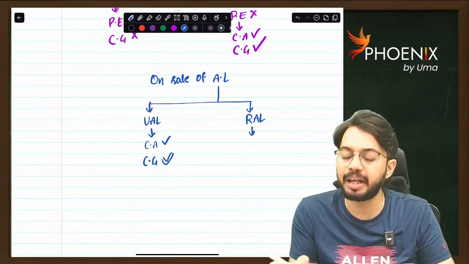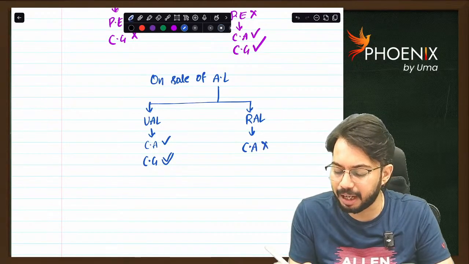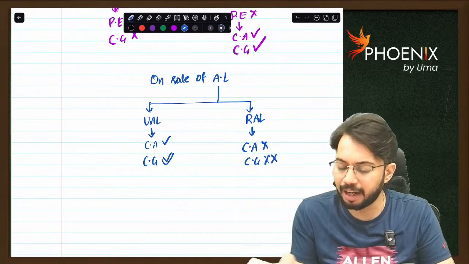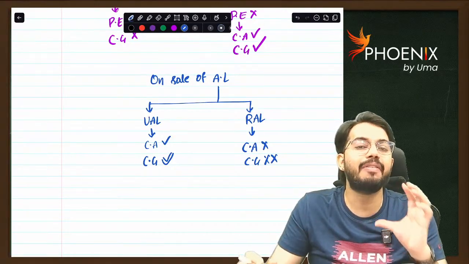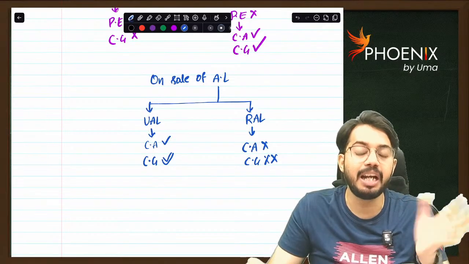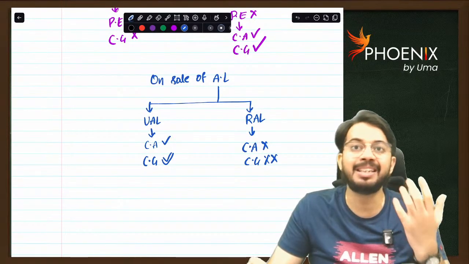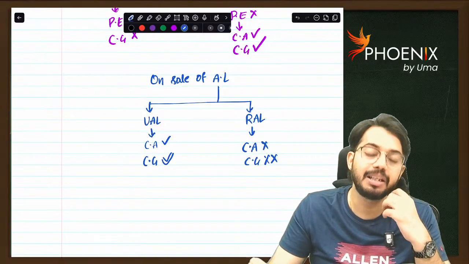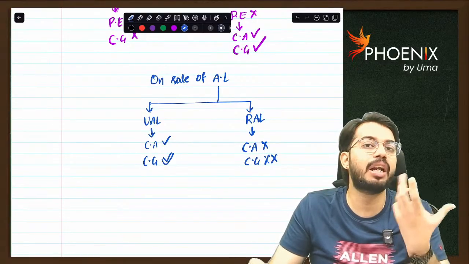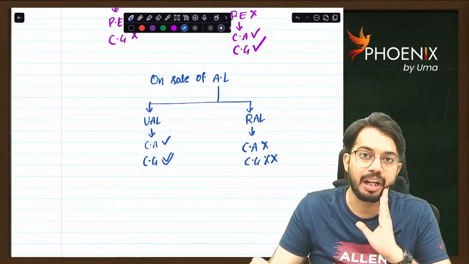If rural agricultural land is sold, then it is not a capital asset, and capital gains will not arise. So very simple thing, on sale of agricultural land, generally tax is required to be paid on capital gains. But you need to check whether the agricultural land that you have sold is urban agricultural land or rural agricultural land.